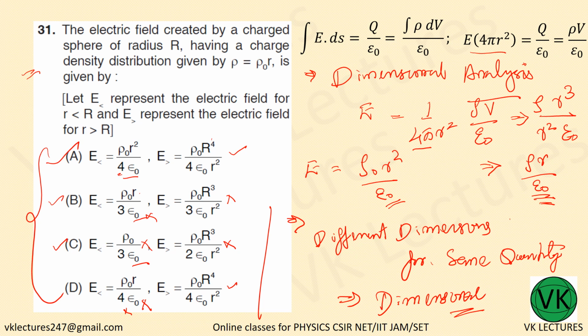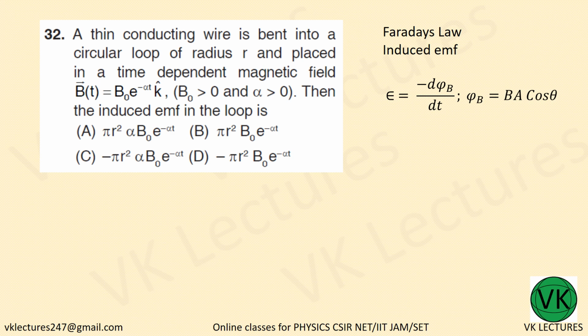Okay, so here for the 31st question you have option A. A thin conducting wire is bent into the form of a circular loop of radius r and is placed in a time dependent magnetic field B of t. Then induced EMF in the loop.